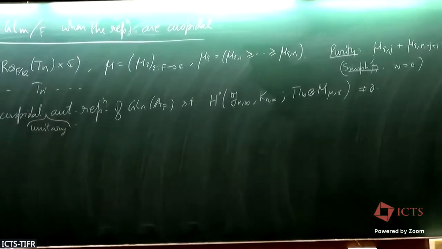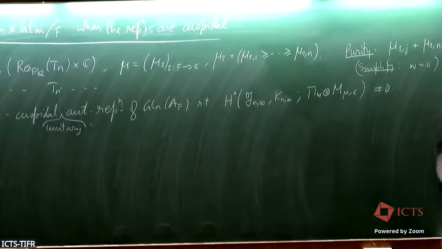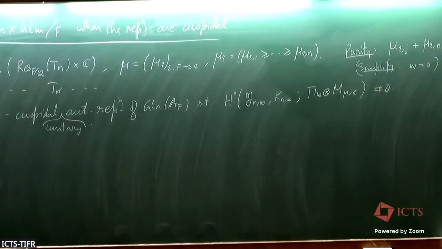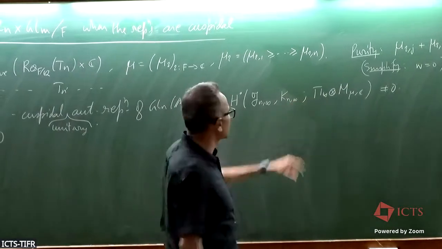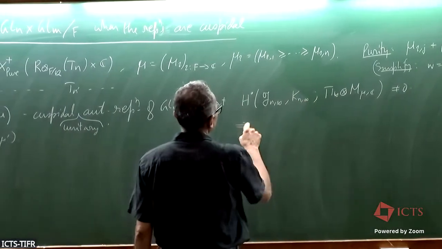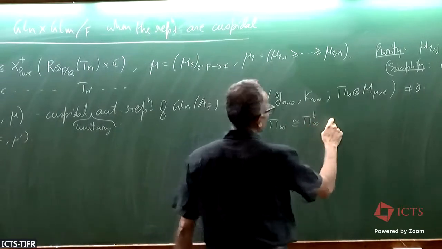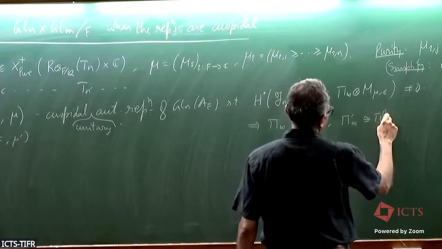Okay, so I've got a pair of modular forms and a pair of characters. This is my pair of representations and another pair of representations having the same representation at infinity. So this condition implies that pi infinity is pi flat infinity and pi prime infinity is pi prime flat infinity.